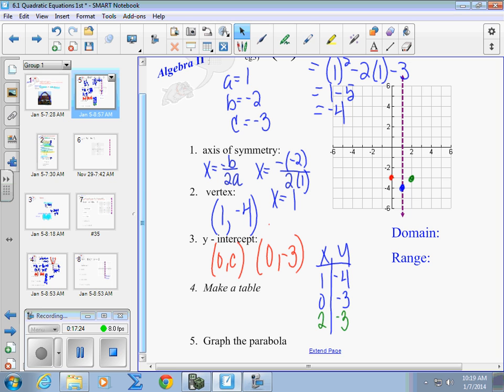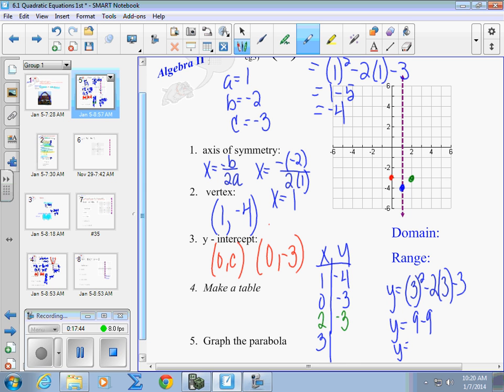If we choose another number, perhaps 3, we plug it in the function, we get y is equal to 3 squared minus 2 times 3 minus 3. So we get 9 minus 9, or y is equal to 0. Once again, the distance from here to here is the same in the other direction, so we can put a point right there.